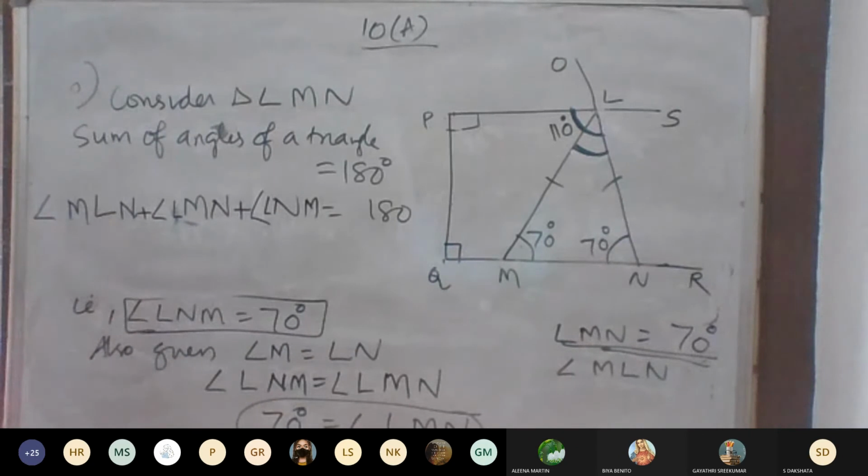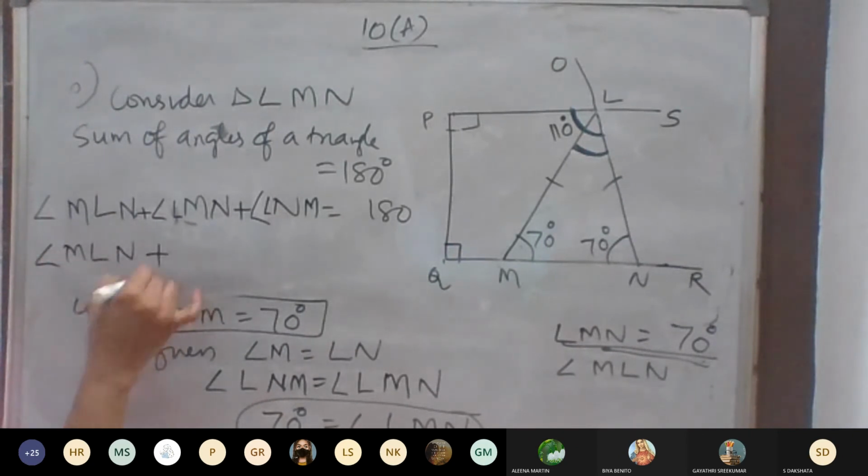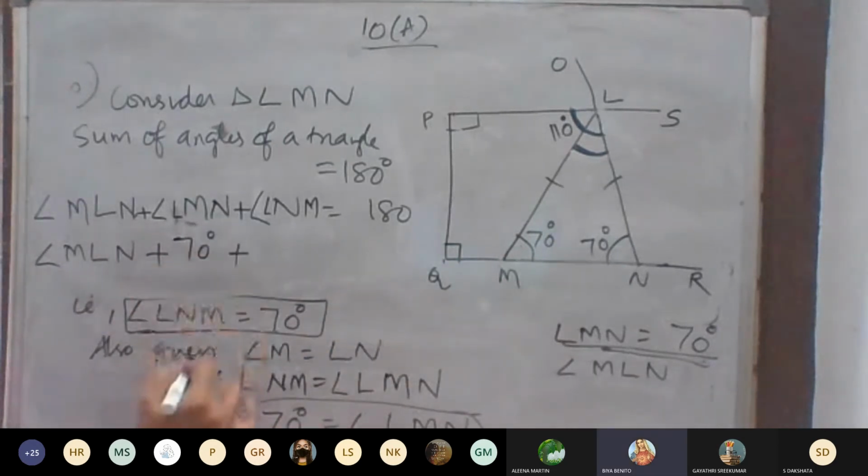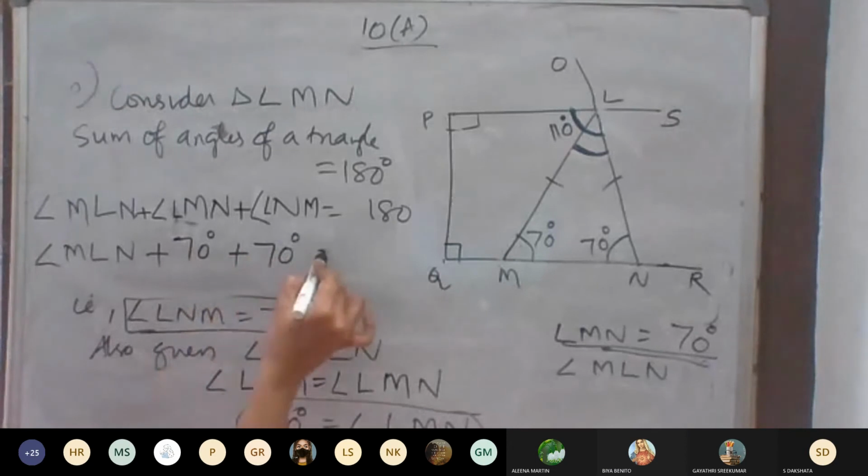So angle MLN plus both angles we have. Look at the figure and write, that is easy. 70 degree plus 70 degree is equal to 180 degree.